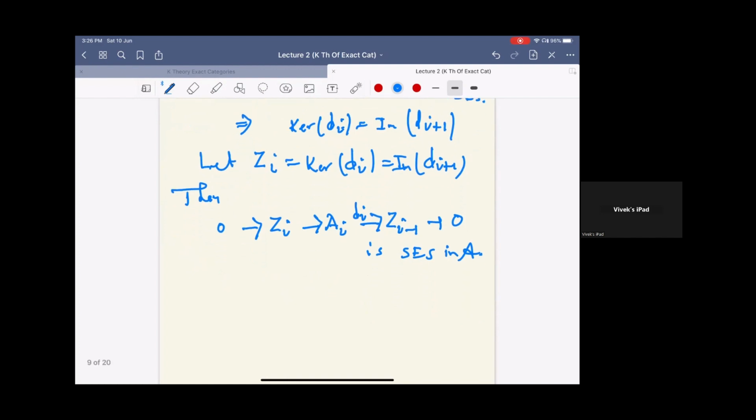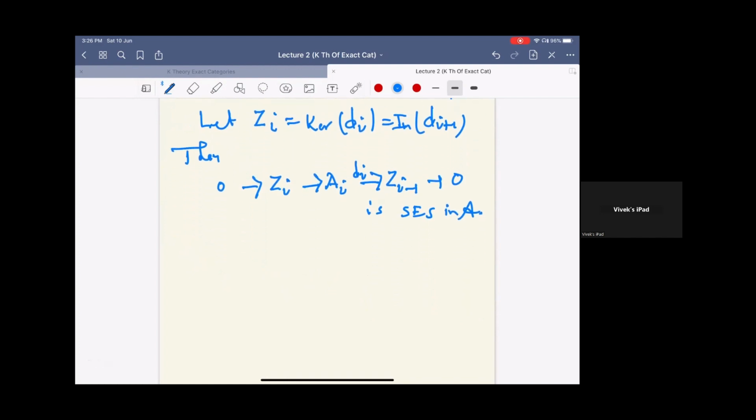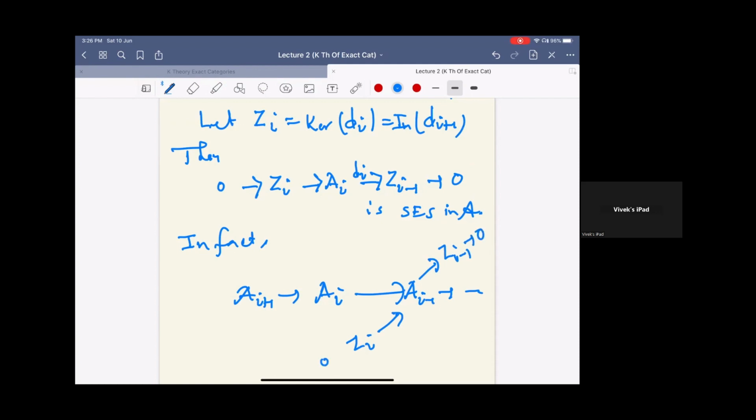So in fact, we have the following factorization of A_i to A_{i-1}, and then again in a similar way.